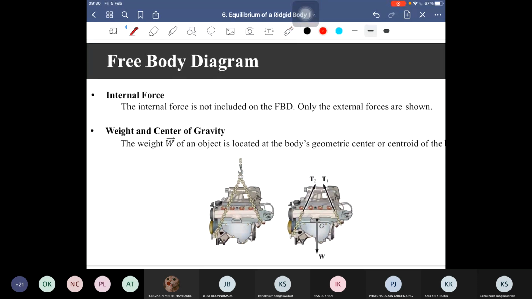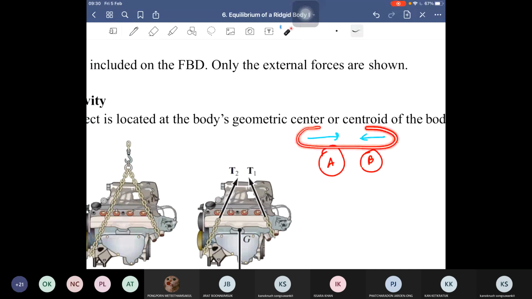Like the force that body A acts on body B, and the force that body B acts on body A. You can see that these 2 forces have equal magnitude but opposite direction. So these 2 forces can cancel each other.